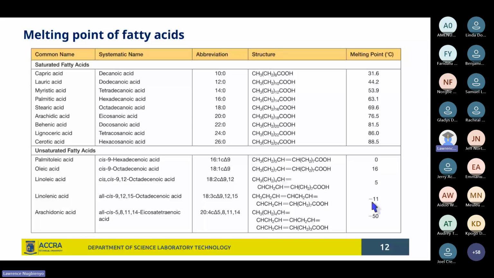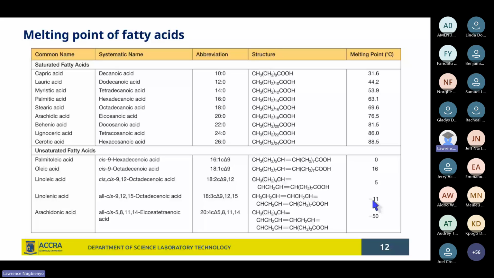It means this oil, the linolenic acid, at -11 degrees Celsius will still be liquid. That's a temperature much below the temperature in the refrigerator you use at home, which is usually like say -5, and you have this -11, and that oil will still be remaining liquid.